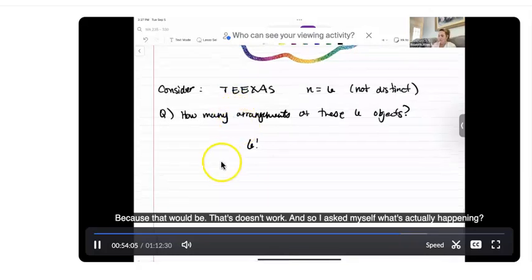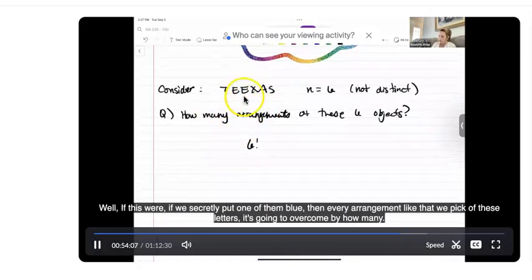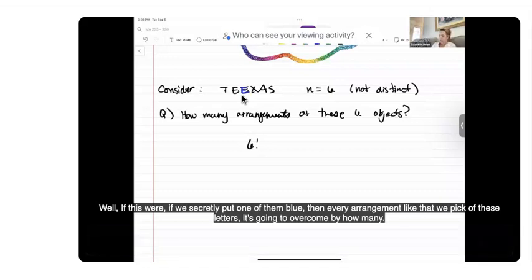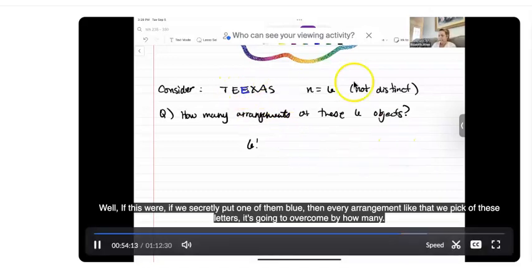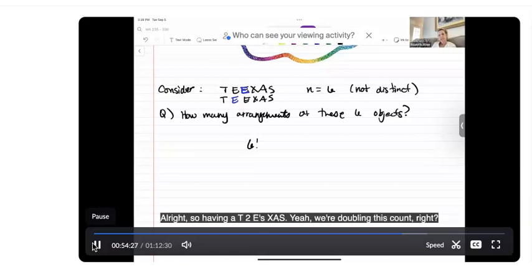And so I asked myself, what's actually happening? Well, if we secretly put one of them blue, then every arrangement like that we pick of these letters is going to overcount by how many? Right, so having a T, 2 E's, X, A, S, yeah, we're doubling this count, right?